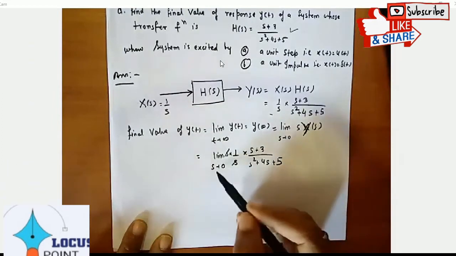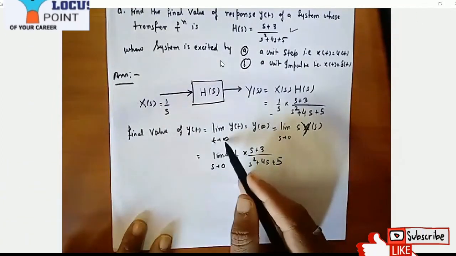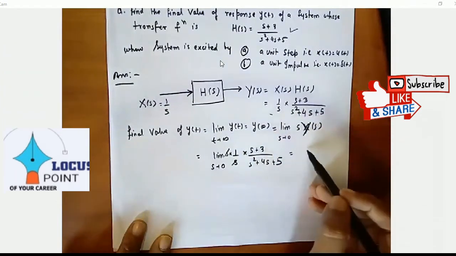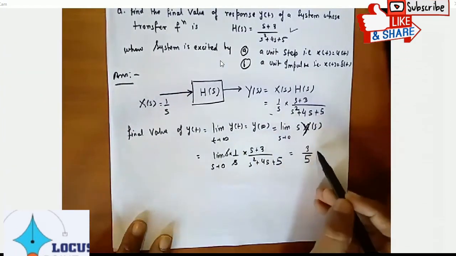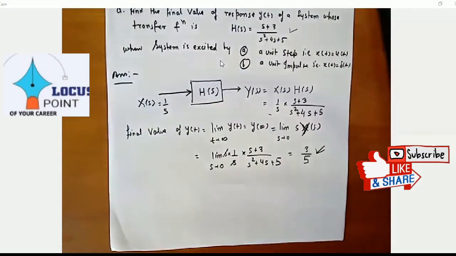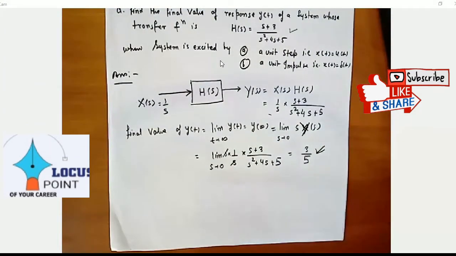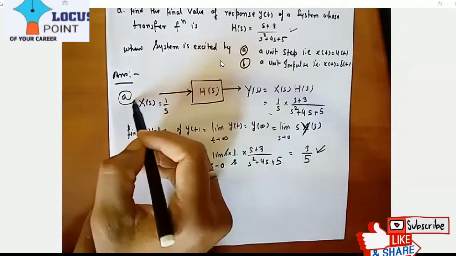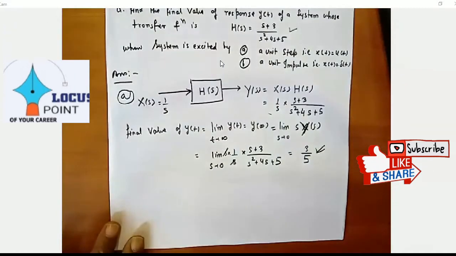The s will get cancelled. Put s equal to 0, and your answer is 3 by 5. I hope everybody understood. This is answer number A.